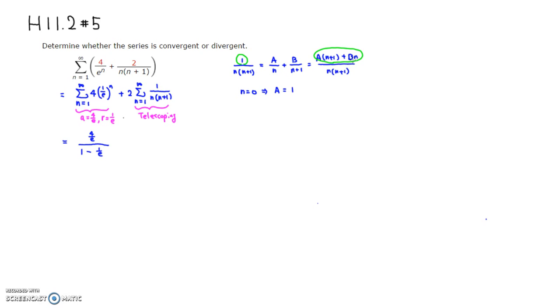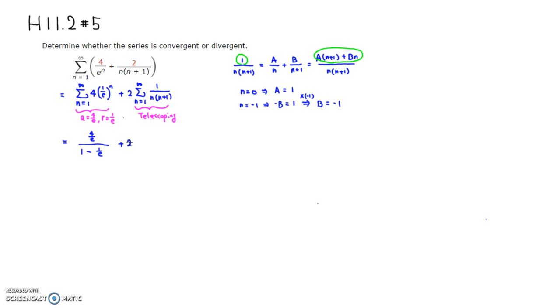If you want to find b, we can set n to be, say, negative 1. Then you can see that negative b is equal to 1. Multiplying by negative 1, we have a b value of negative 1. So we have this telescoping series here.